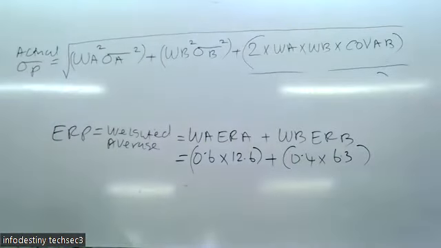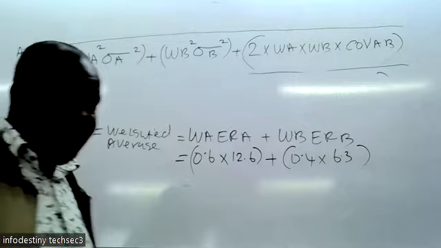So that is our Roman letter 4, how you are to get it. After getting the expected return for each, you combine them together using the portfolio weights.